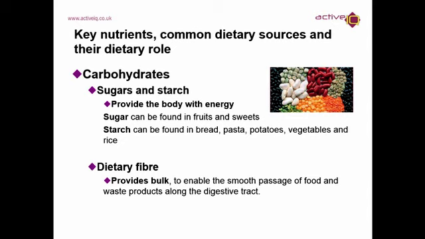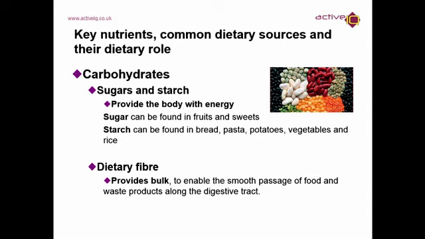The sugars we find in fruits are naturally occurring, and the sugars we find in sweets, chocolate bars and fizzy pop are carbohydrates that are sort of man-made, and they're not as good for us as the ones we can find in fruits.